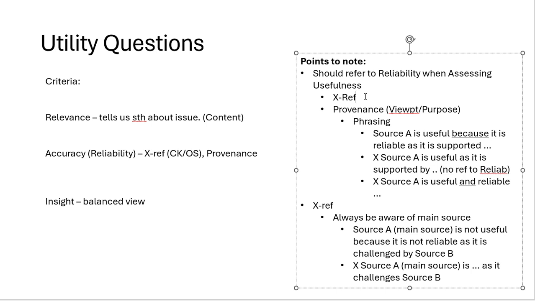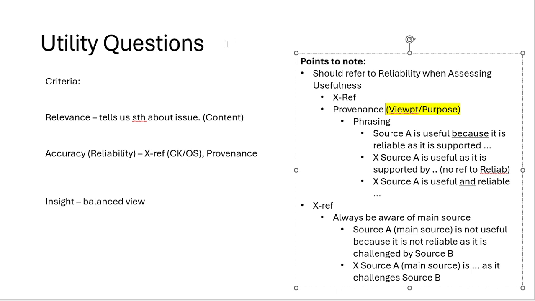So whenever you cross-refer, make sure you make mention of reliability. Another thing is when we look at viewpoint or purpose, this also helps us to determine whether a source is reliable or not, and therefore whether it is useful or not. So again, make sure you link reliability to usefulness.